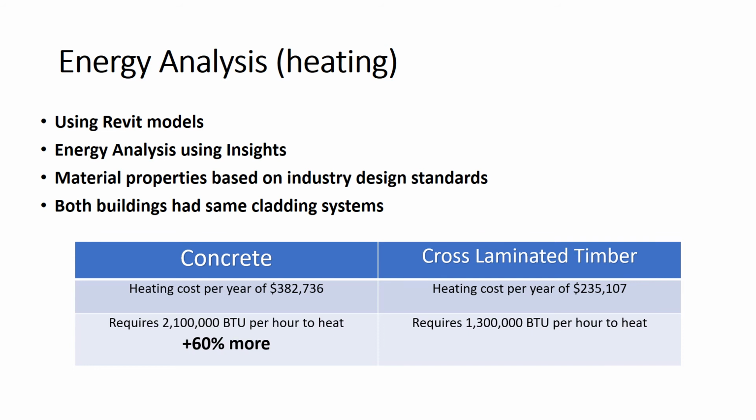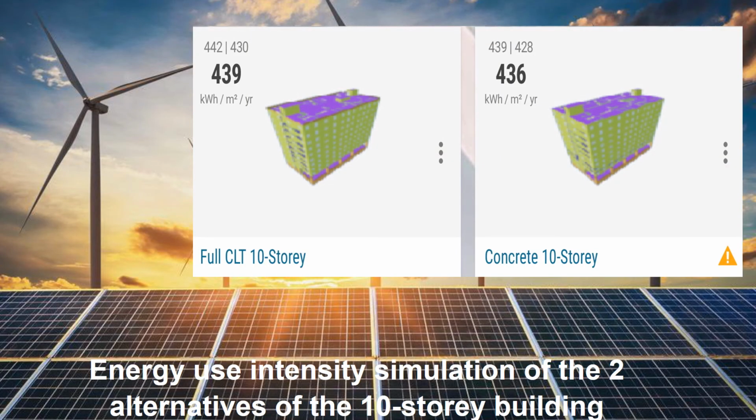Concrete heating bill was much higher, 50 to 60% more. And lastly, we performed, using the 3D model, energy use intensity performance for the buildings, which had similar results, with a concrete building performing slightly better than that of CLT.